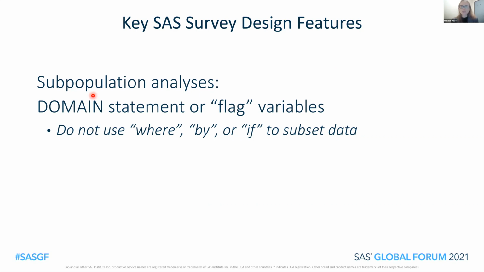For example, if we just want to look at women, we would use the domain statement or flag variables to just look at women. We wouldn't create a new data set that just contains women. And this is because when SAS estimates the variance, it takes into account the survey design features. And in order to do this, it needs to look at the whole population.